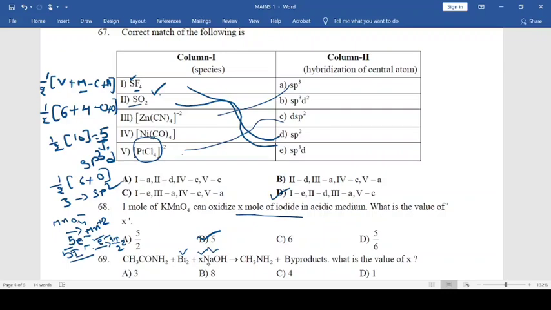We know it is Br2 plus 4NaOH, so straight away we can keep the answer as 4. This is one more question based on named reactions. As I said already, named reactions, reagents and expected products are very important from the mains point of view.